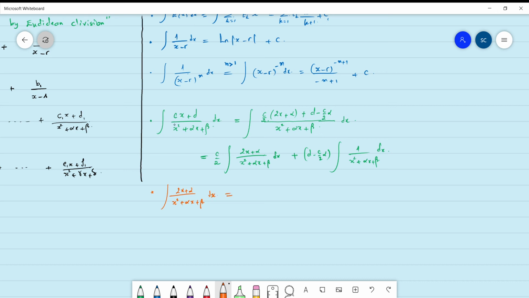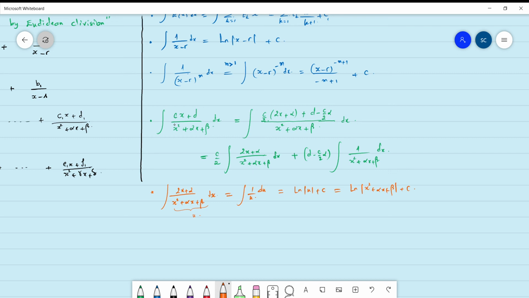We can use just u as the denominator, so it will be ln, like du over u. This is my u. So I will get ln of the absolute value of u plus a constant, which is ln of the absolute value of x squared plus alpha x plus beta, plus a constant.